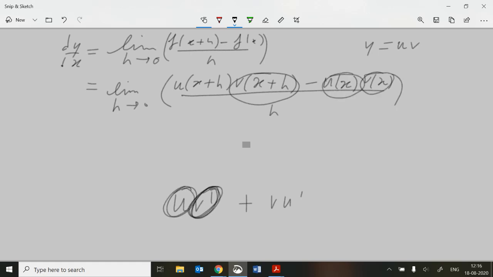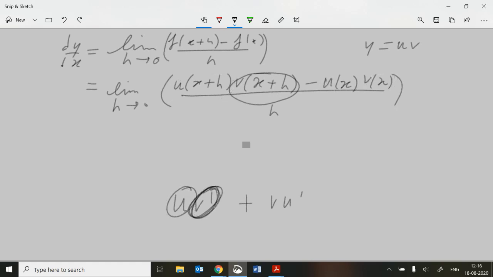And you can see, look, I can factorize out my u here, but I'm missing that here. Okay, so I need to create that. I need to create another term which has got v of x times u of x plus h, or vice versa. In fact, in this case, it's the other way around. I need to create the extra v of x plus h in order to take out u.